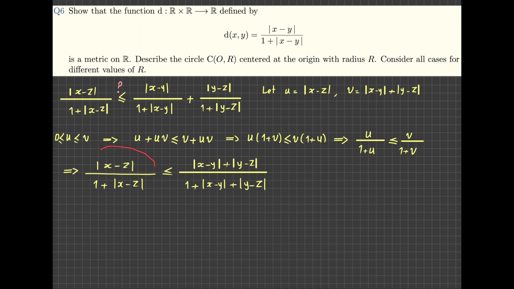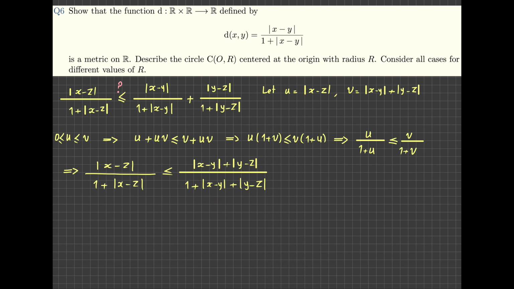At least the left-hand side of the inequality that I have proven so far is exactly the left-hand side of this inequality. Of course, I have to manipulate the right-hand side a little bit. But what I can do, I can take this one and then divide it by a denominator. It means that I want to decompose my fraction into this piece that you see now plus this piece, yes?